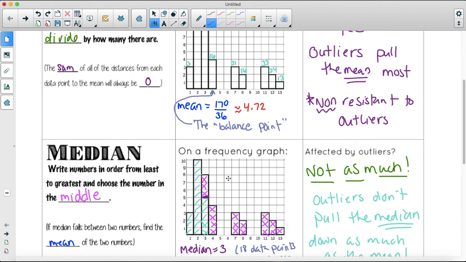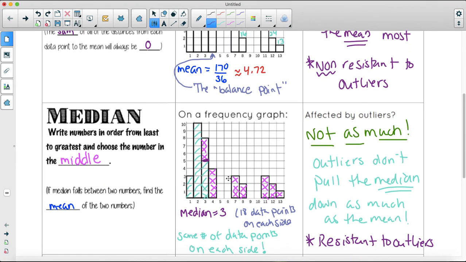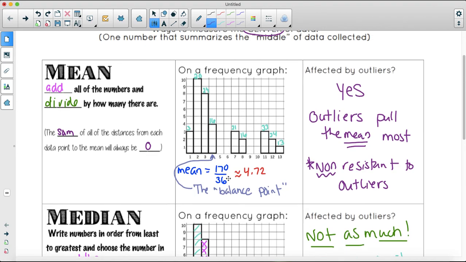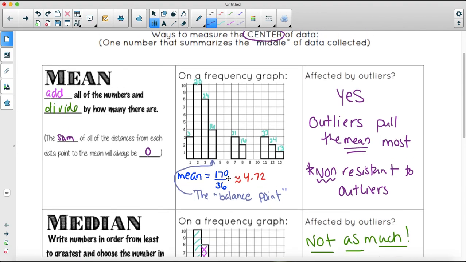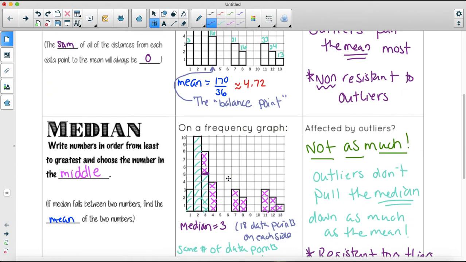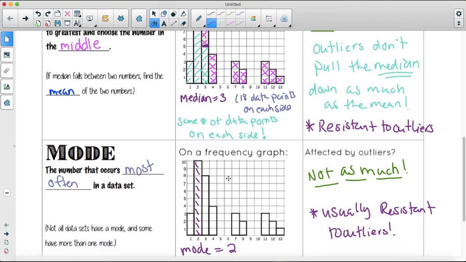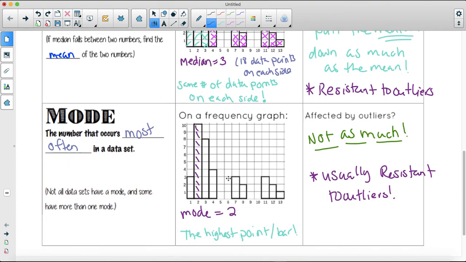So the median is generally a good way of measuring grades in test scores. The mean can be useful when you are measuring different data. So it all depends on what type of data we're looking at to know if we should use the mean, the median, or the mode. But all 3 of these are ways of measuring the center.